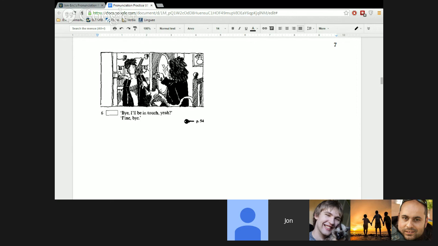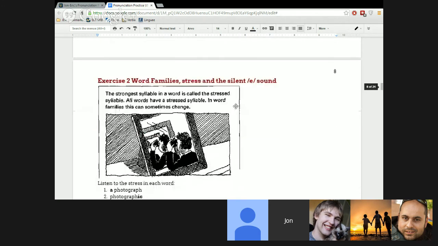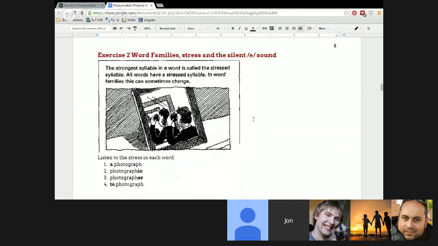Let's go on to word families. I want to give you a chance to look at how the words change when they change part of speech. So, Igor, talk to me about stress in exercise 2. Okay. What do I need to do? Just read it, and I'd like you to read through the 4 examples.